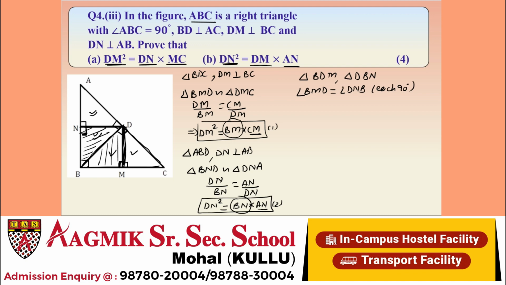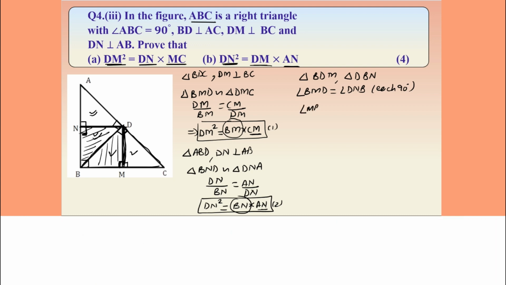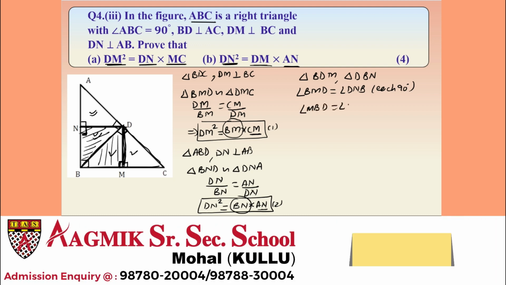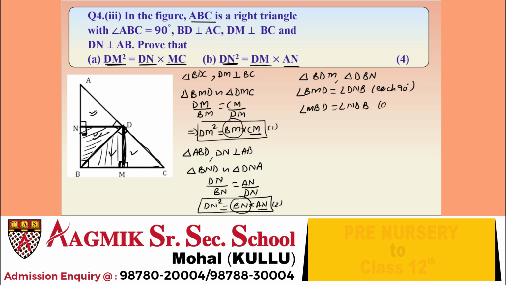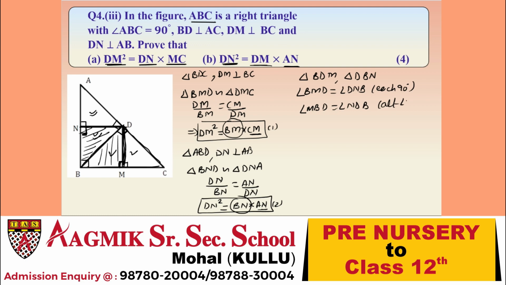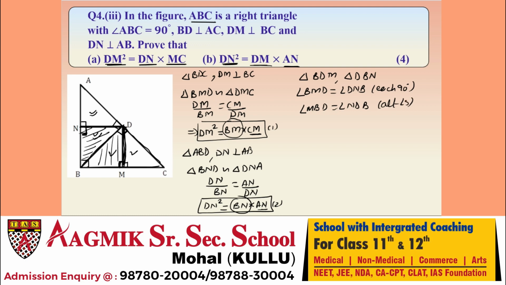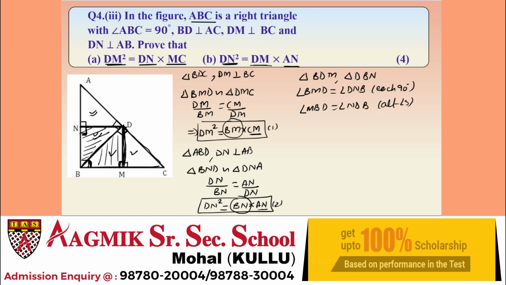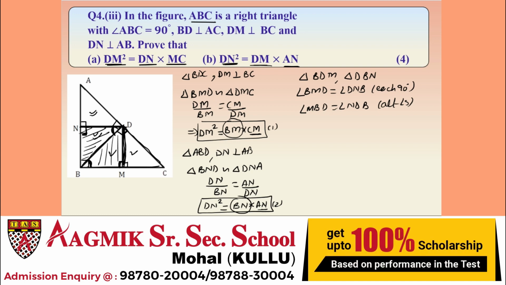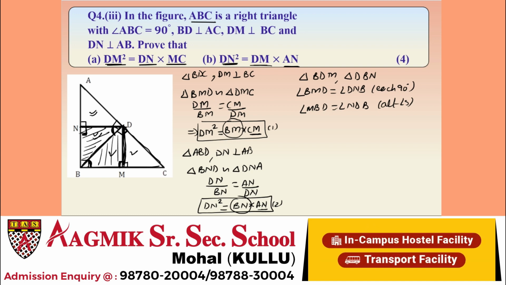Moreover, we have angle MBD equal to angle NDB. They are alternate angles, because ND is parallel to BC.